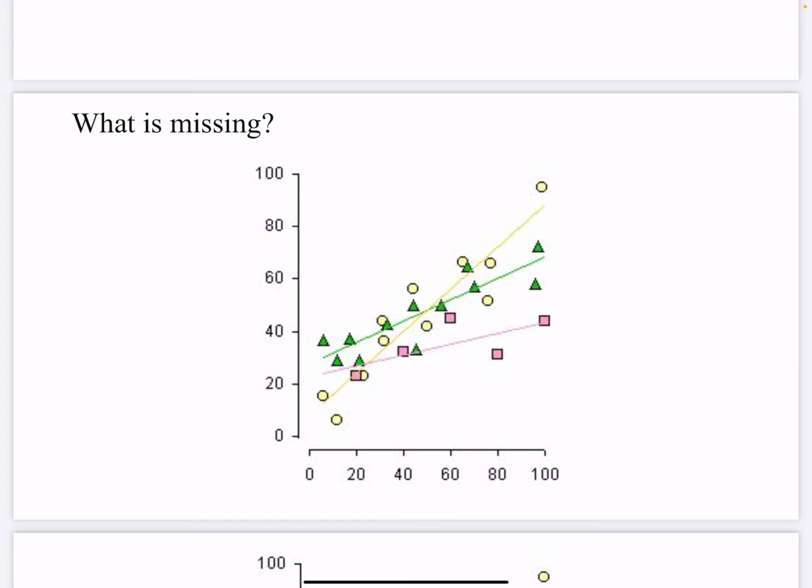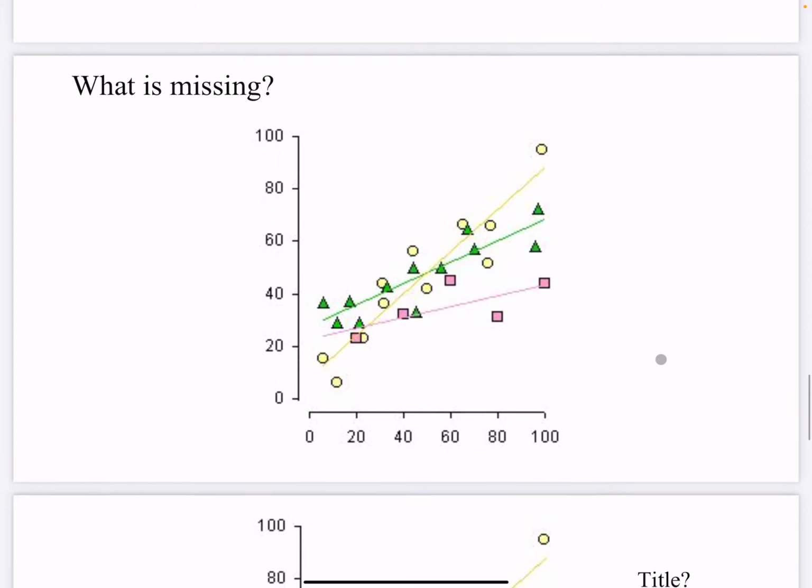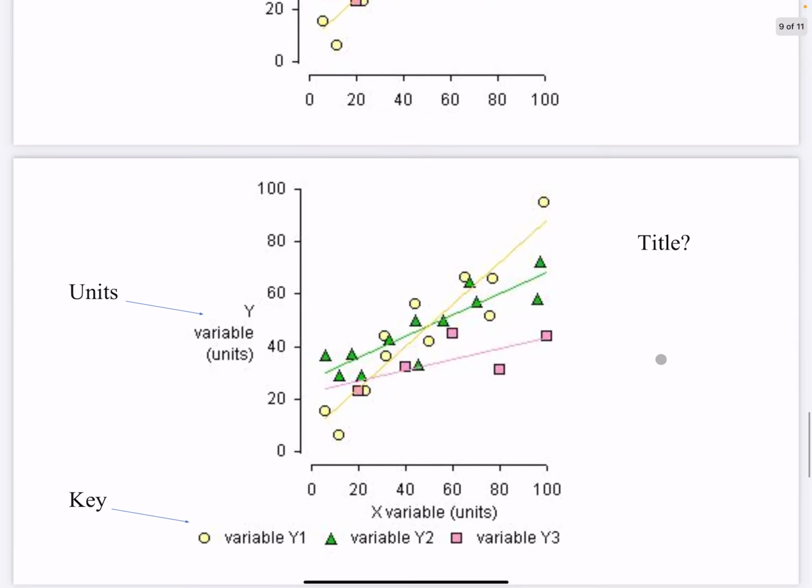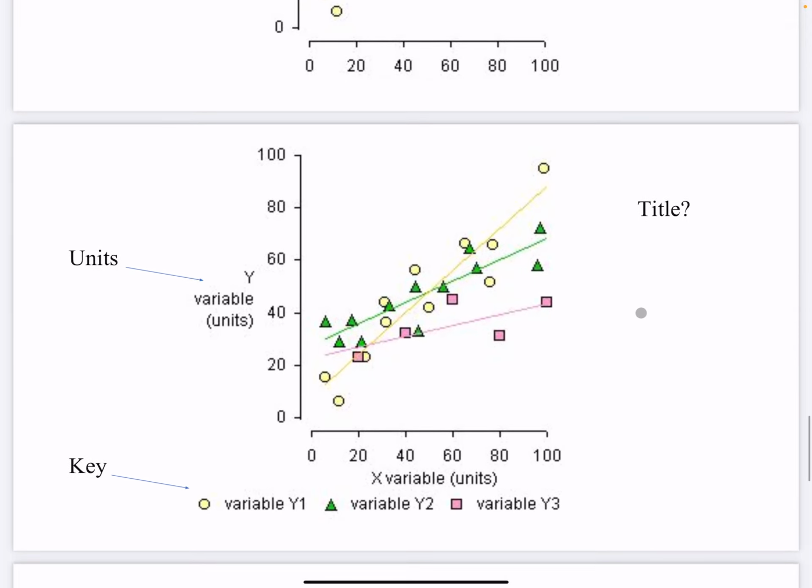So let's talk about what we expect of your plots and your figures and tables to look like. So it's a good figure, right? Well, no, not at all, because we don't know what's going on with this figure. There's a lot that's missing. So what we want is we need a title, we need a key, we need units, we need labeling of the X and Y axes to be able to understand what exactly we're looking at with the figure specifically.